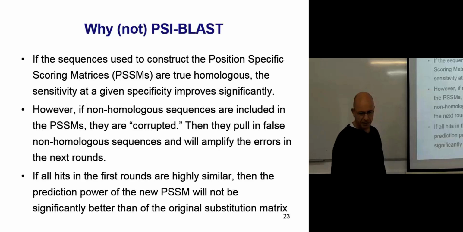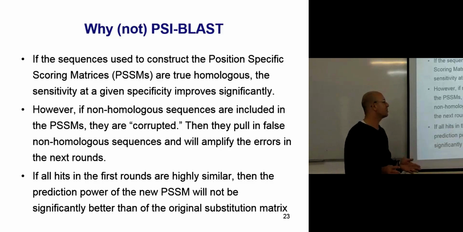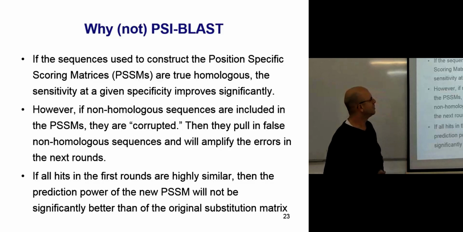And in PSI-BLAST we also need to be careful, related to what we just discussed about biases and errors. If the hits in the first round are not real hits, this is very bad. So we want to be sure that we are using correct hits if possible.